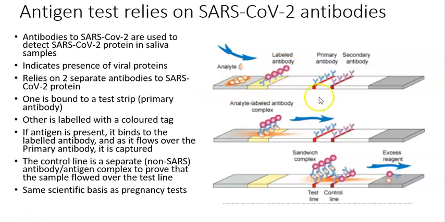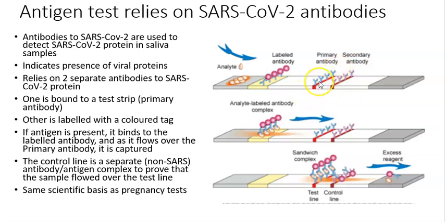So this is a test strip, and it works in a very similar way to a pregnancy test kit. What we have got is an anti-SARS-CoV-2 antibody bound to the test strip here, and then we've got another second antibody bound a little bit further up. That's just the control to let us know that the whole procedure has worked.